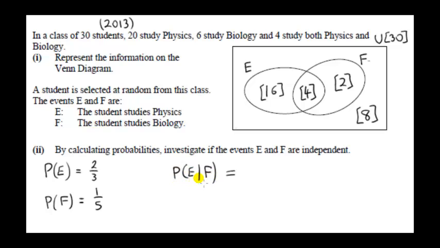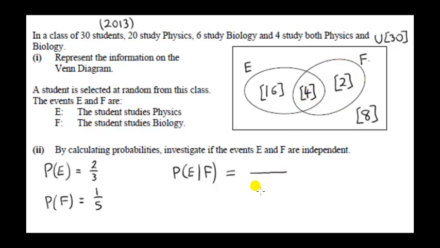Well, it means that we want the probability that event E occurs given that event F has occurred. So we have to imagine that the student has been selected from set F already. So we want the probability that that student is also in set E. So basically we want the proportion of set F of students that belong to E.